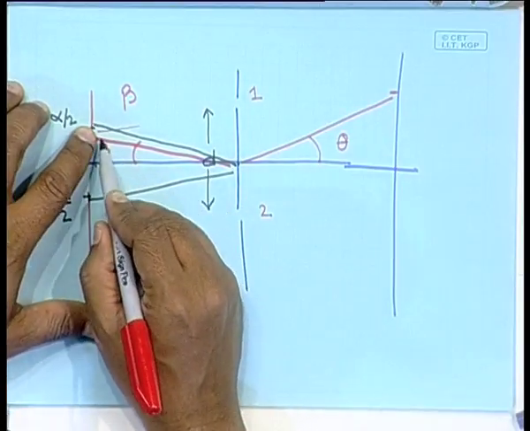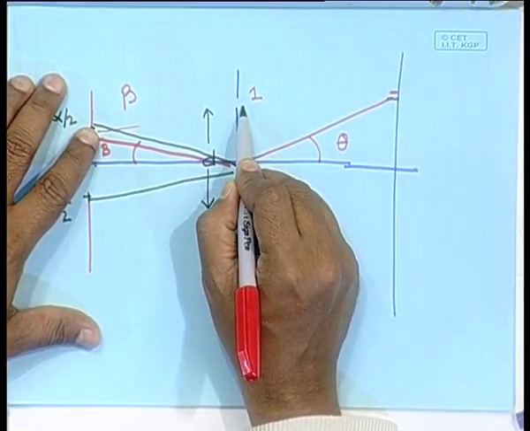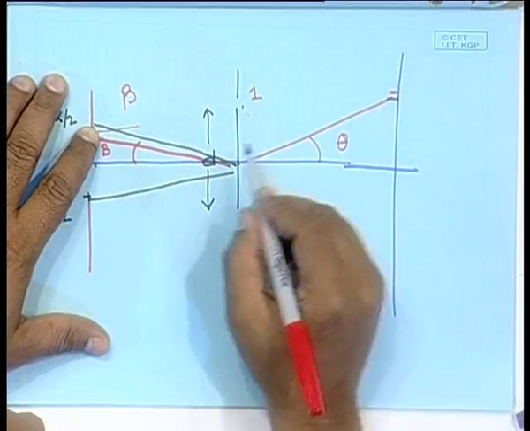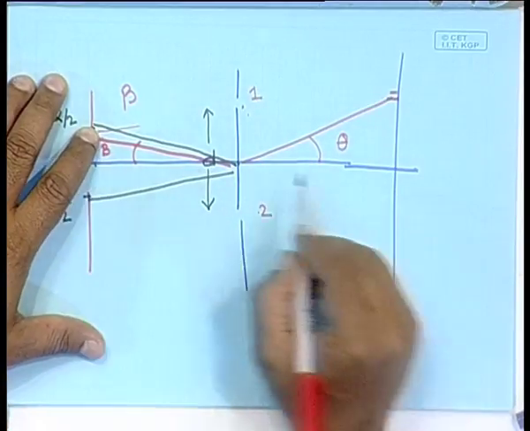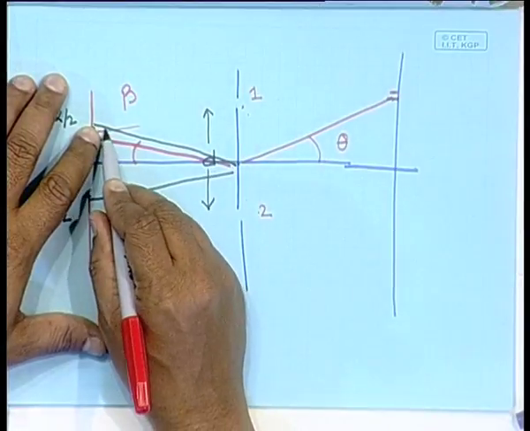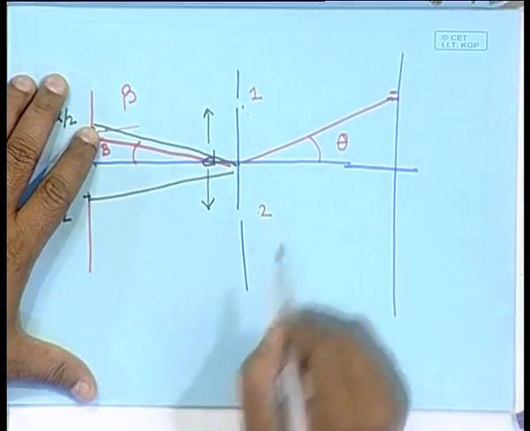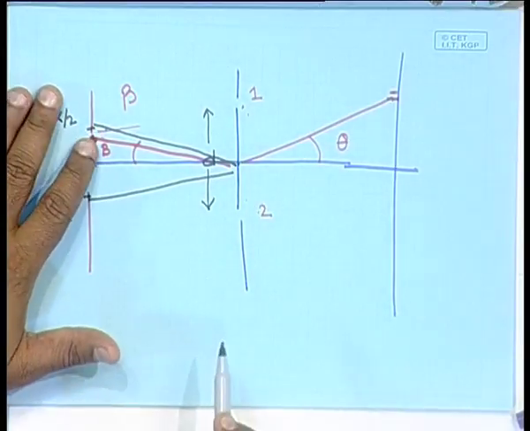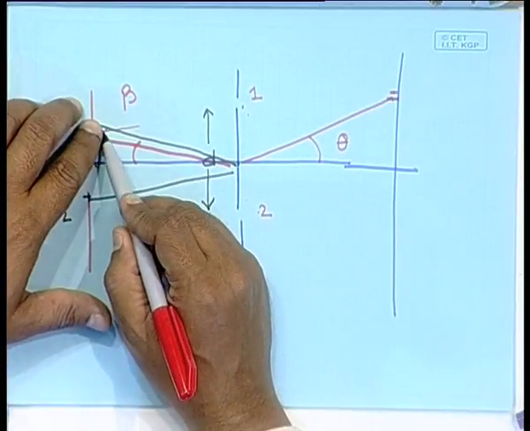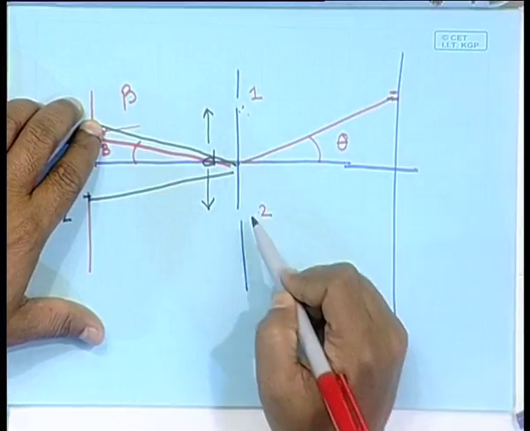So, the wave from the point at an angle beta will reach this point through both slit 1 and slit 2, and we have to superpose the wave that reaches this point through slit 1 with the wave that reaches this point through slit 2. These two waves will arrive at different phases. So, what we have to calculate first is the phase difference between the wave that goes from this point to this point through this slit and this slit.